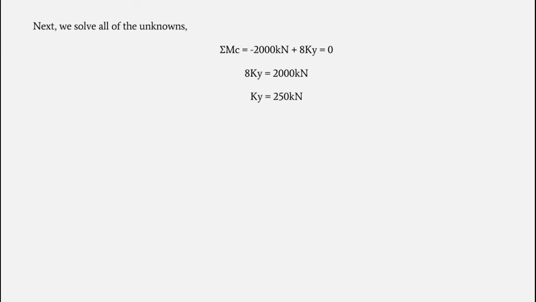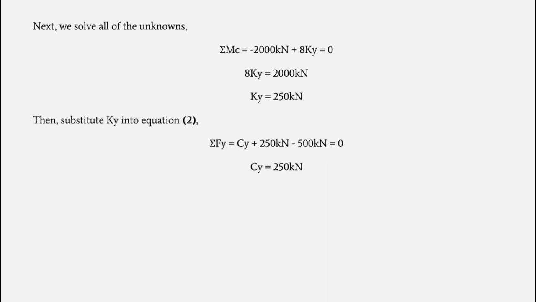For the next slide, we can solve all of the unknowns. From the moments equation, we can find that Ky is equivalent to 250 kilonewton. Then we can substitute this Ky into equation 2, which is the equation of forces in the y direction.